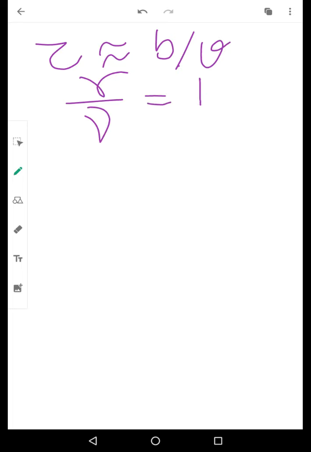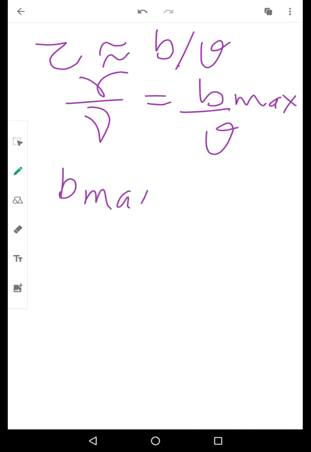So b by v. This b will be the maximum distance, the maximum distance between the electron and the heavy ion or heavy charged particle. So b max equals gamma v by nu. Nu is the frequency.